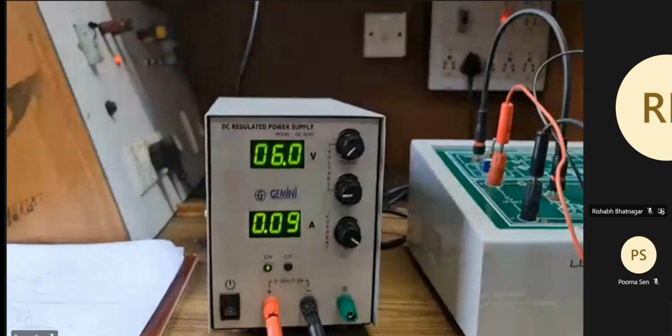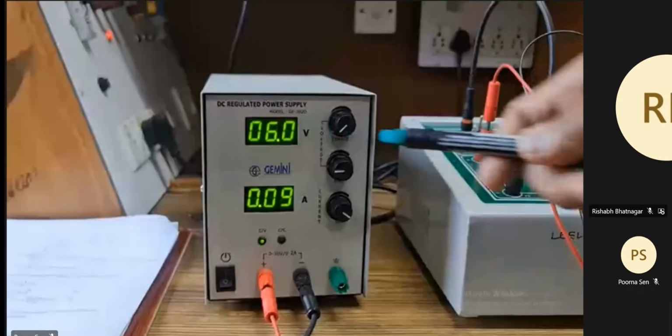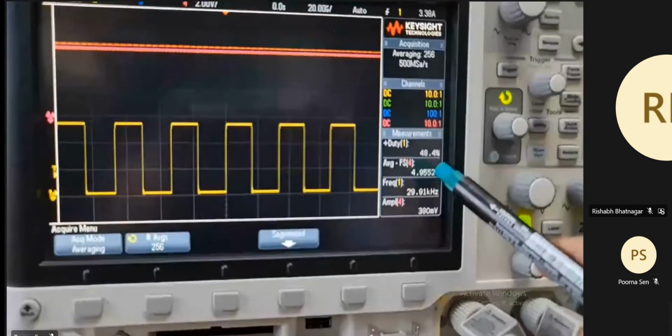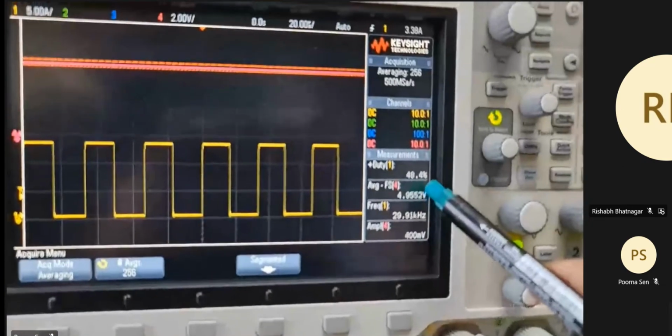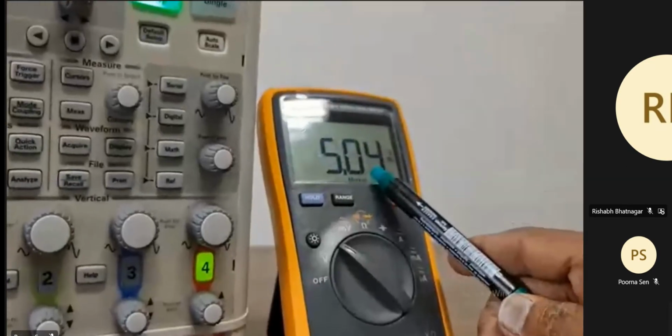Now I set the supply voltage to 6 volts. Earlier the duty ratio was 15%. Now you can see the duty ratio has changed from 15 to 48.4% in order to maintain the load voltage of 5 volts.